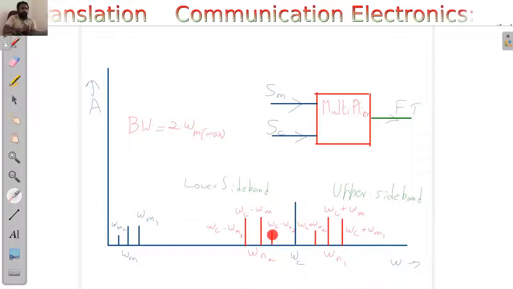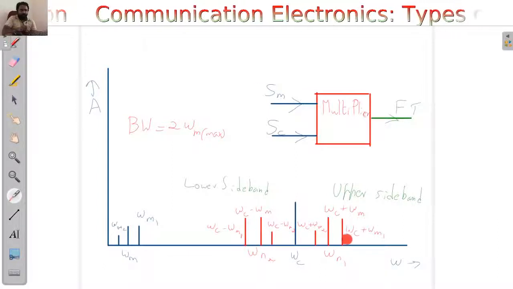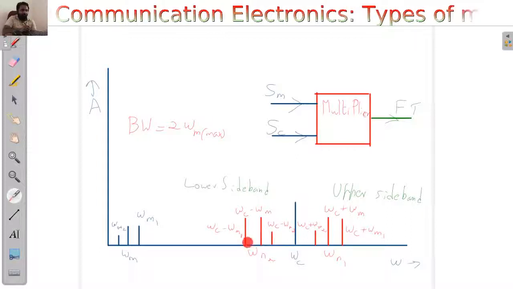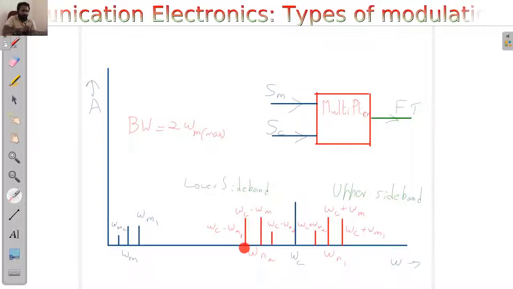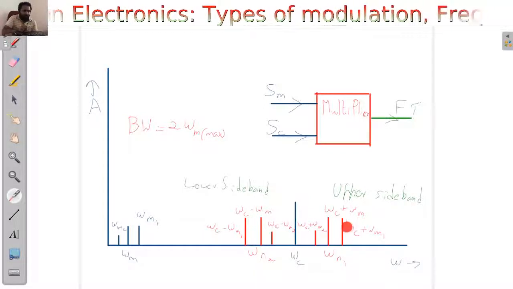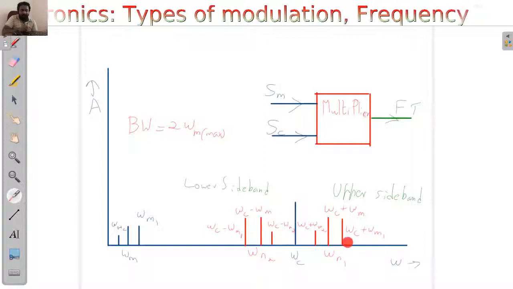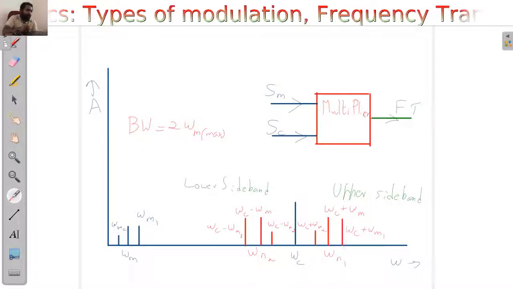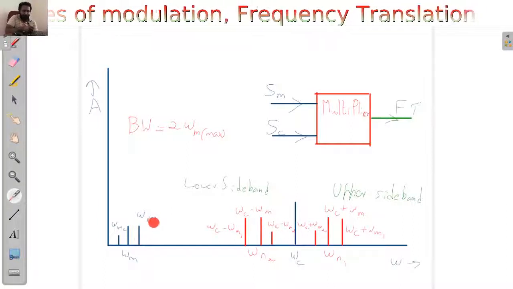So the required bandwidth is defined like this frequency minus this frequency. The entire spectrum starting from omega c minus omega m1 to omega c plus omega m1, that much frequency range should be transmitted. That happens to be the highest frequency in our baseband signal, omega m1.